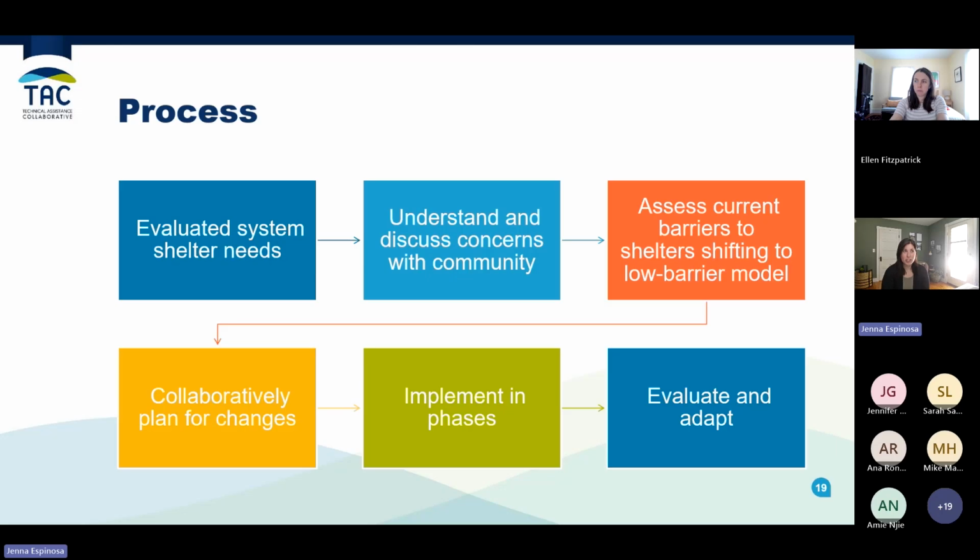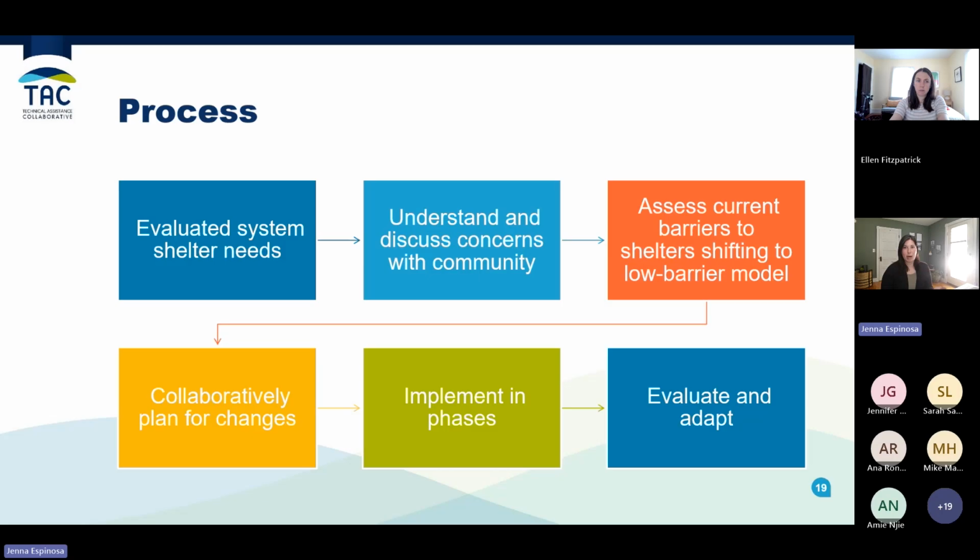Assessing current barriers to shelter to shift to the low barrier model. You all just did that to some extent in the two activities that we did today. In the first activity, you really talked about where we are at with these principles that support low barrier shelter. The reason it can be helpful to focus on principles is because oftentimes we don't have the foundation of principles to guide our decision making.